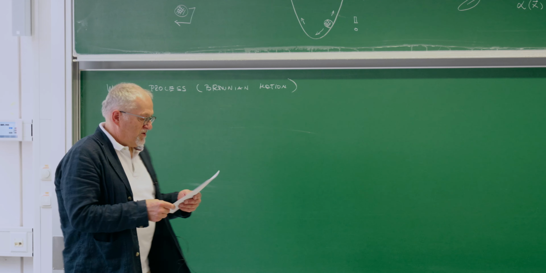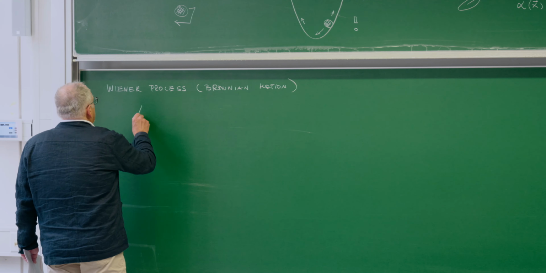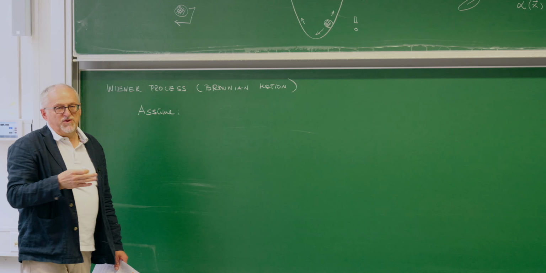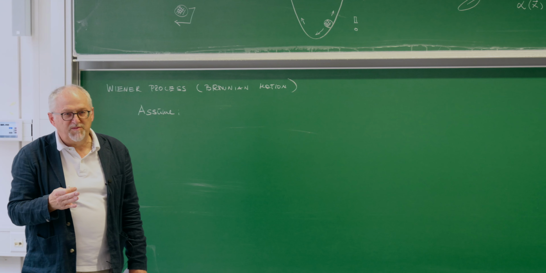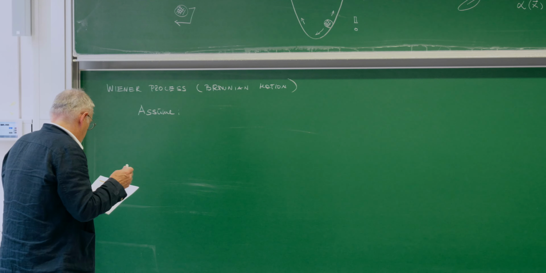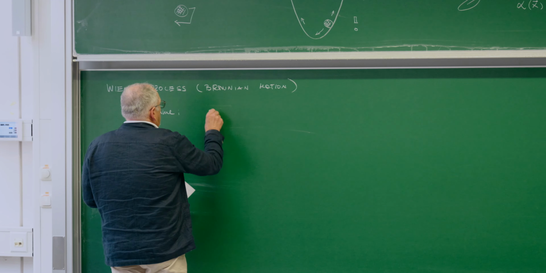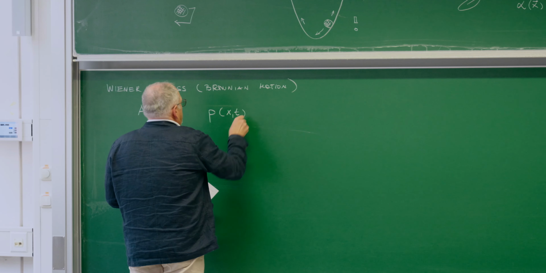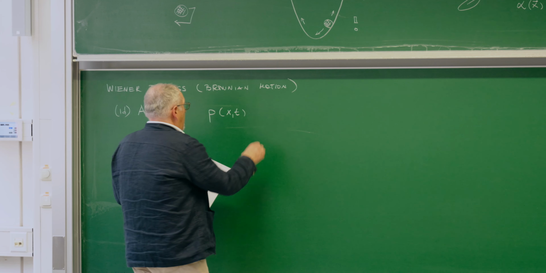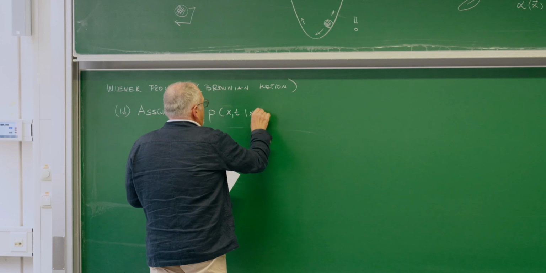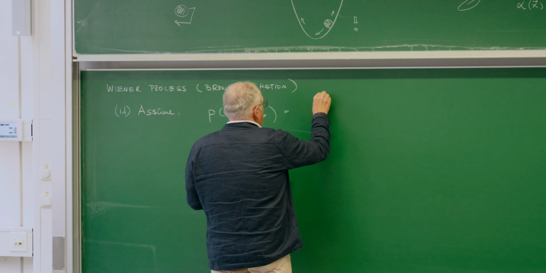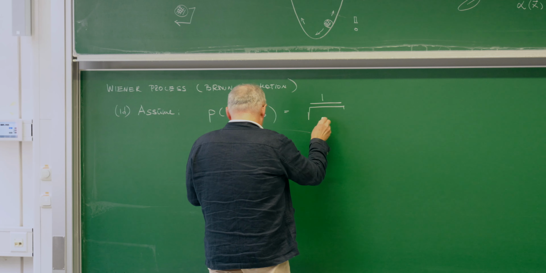Okay? So let's assume that we know the distribution function. This is in general not what you have, right? In general, you don't know the distribution function. That's something you want to calculate. But here, in order to show you how these things work, I assume, and this is now in 1D to make things simple, I know the transition probability density to be a Gaussian distribution function.